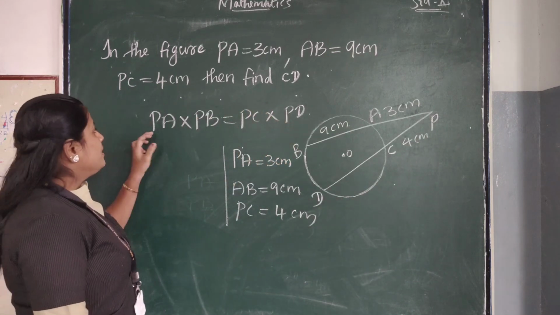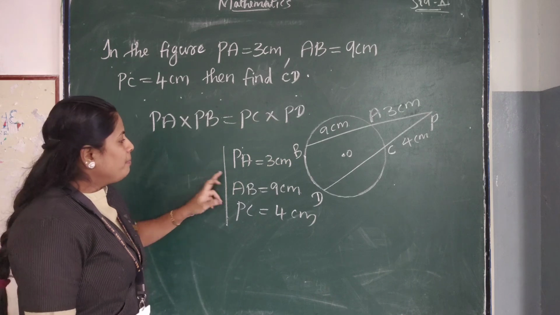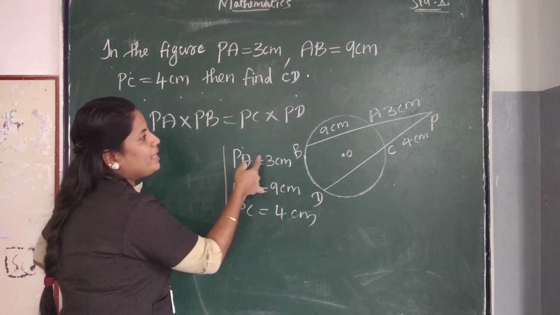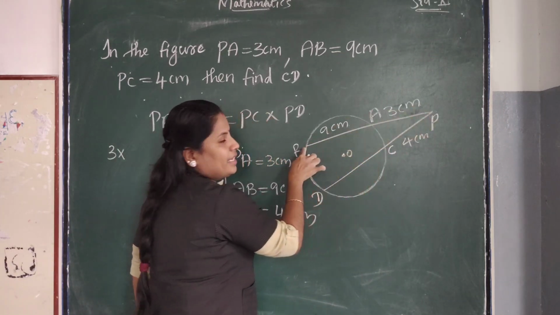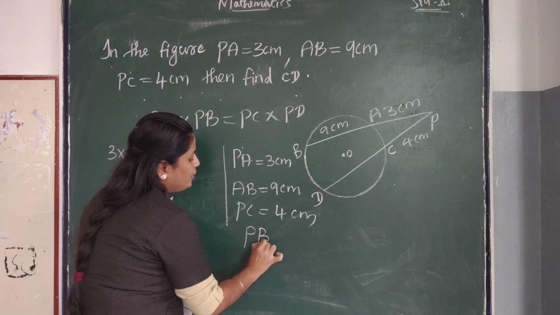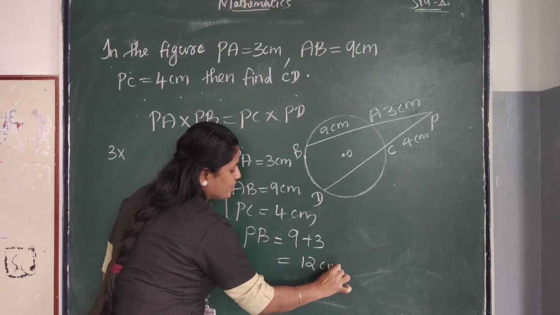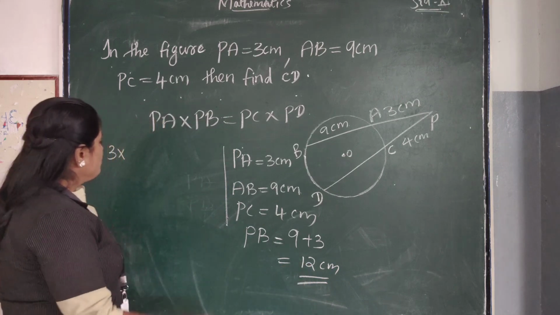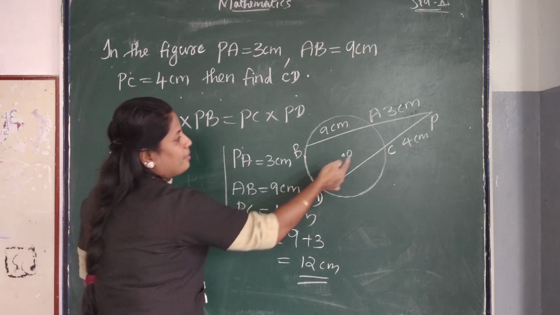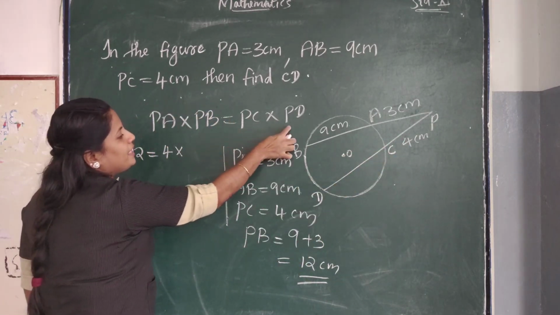Then PA into PB equal to PC into PD. PA is 3, into PB. PB, P to B, that is 9 plus 3, which is equal to 12 cm. So 3 into 12 equal to PC, that is 4, into PD.